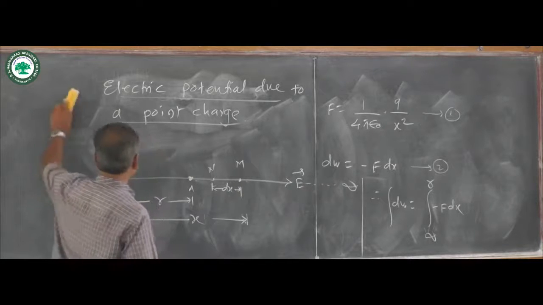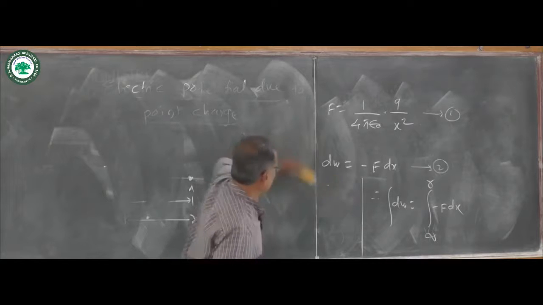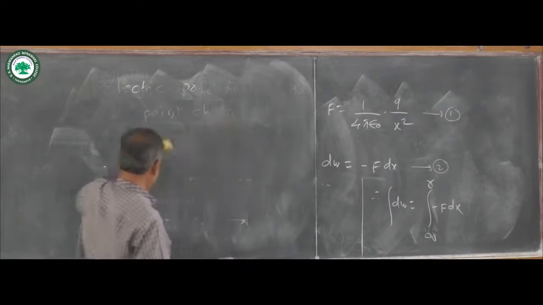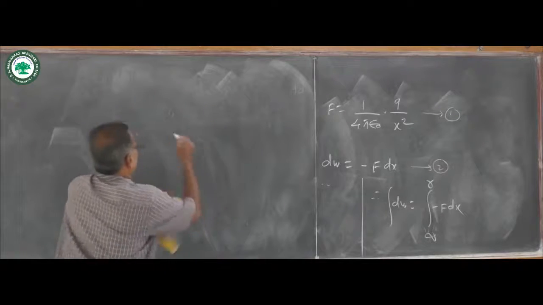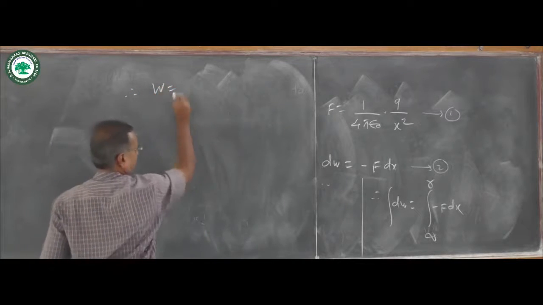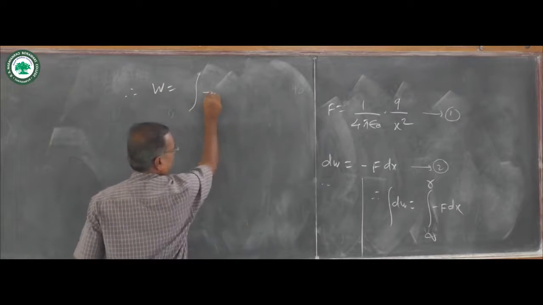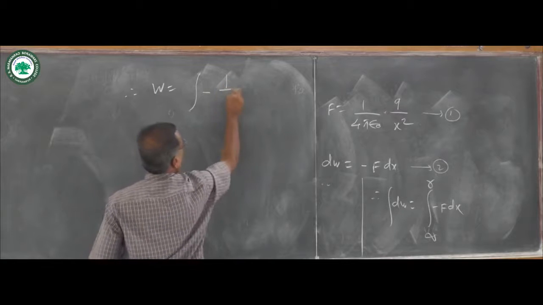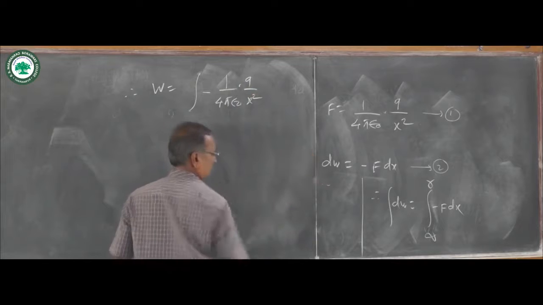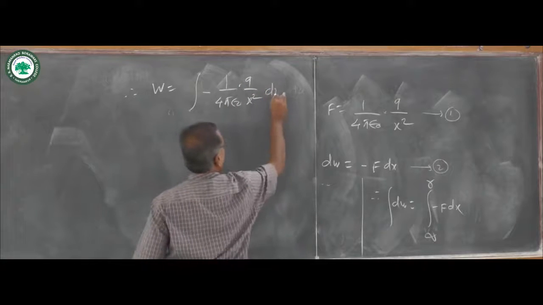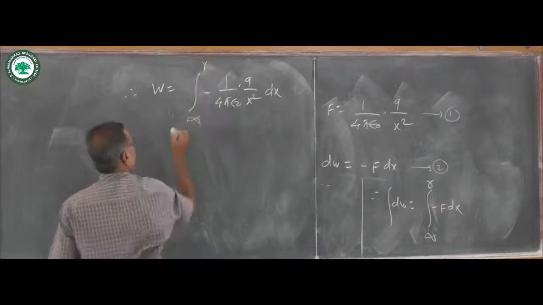Therefore, we can find the integration of dW, which is W. So W is equal to minus F, and substituting F, 1 by 4 pi epsilon naught into q by x square into dx, with limits infinity to r.